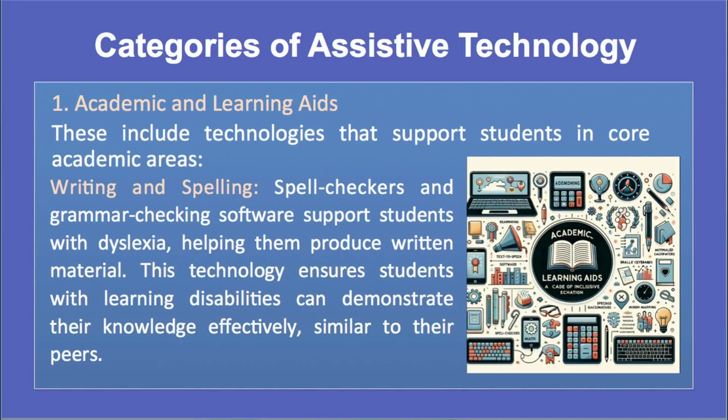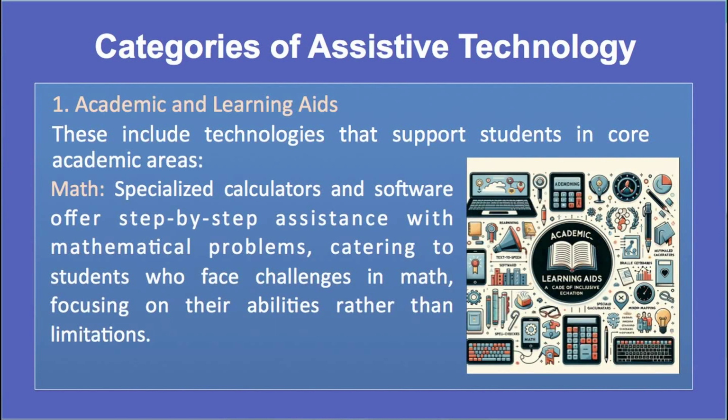For writing and spelling, spell checkers and grammar checking software support students with dyslexia, helping them produce written material. This technology ensures students with learning disabilities can demonstrate their knowledge effectively, similar to their peers. Math.